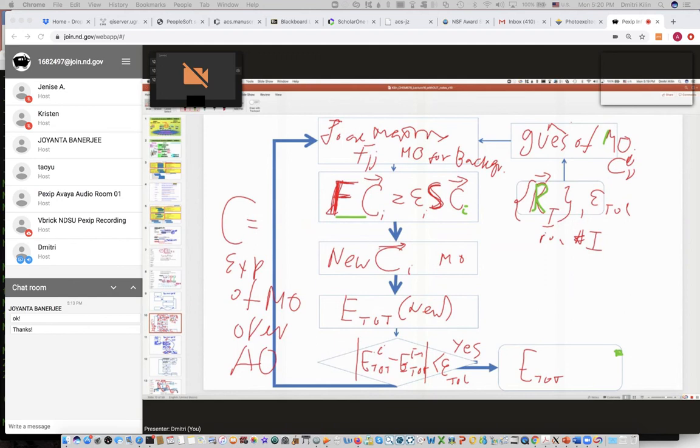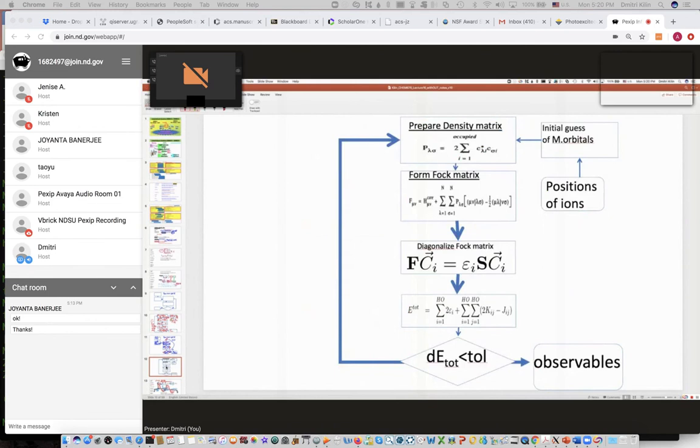So here is the same flow chart in a better typed fashion. One starts from positions of ions and ends with total energy and observables. So it is what we see as an input and output of our Gaussian calculations.